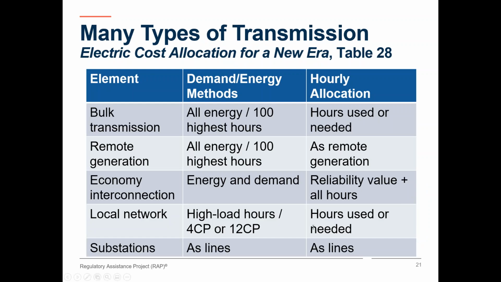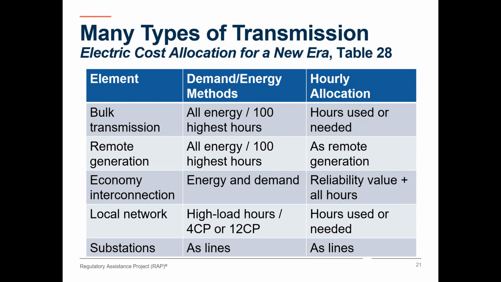So this slide's title sort of says it all. There are many types of transmission, and as explained to some extent in the previous slide, there are many different kinds of transmission assets, and they're more described in the manual than we deal with in this presentation, but this gives you a flavor.